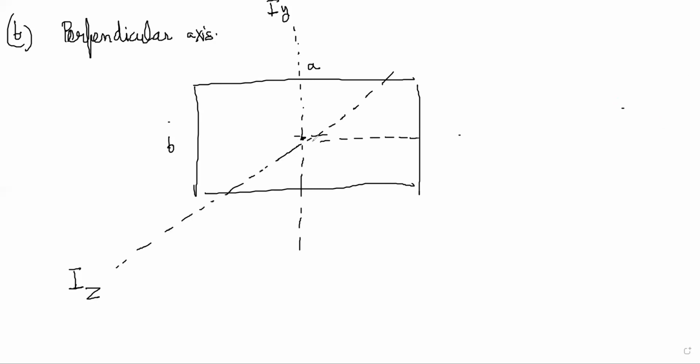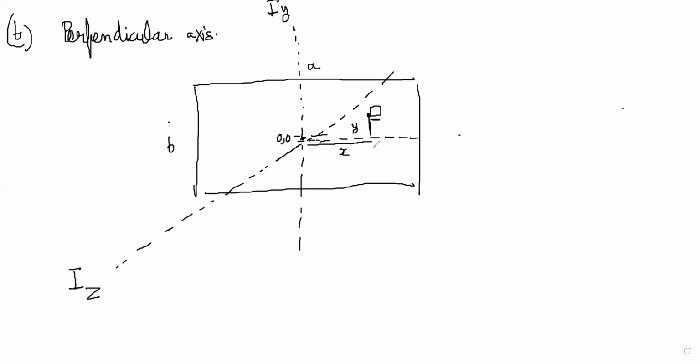What I will do is I will take a small element which is a square element, or a rectangular element. It is at what position? This was my origin. So let's say it is at x here and y here. This point is (x, y).